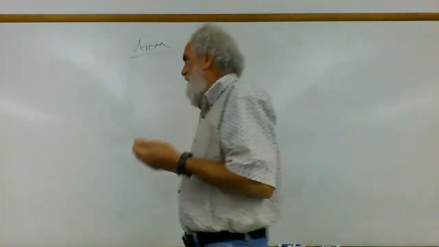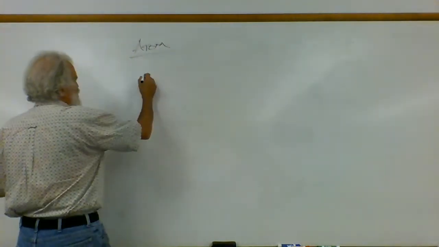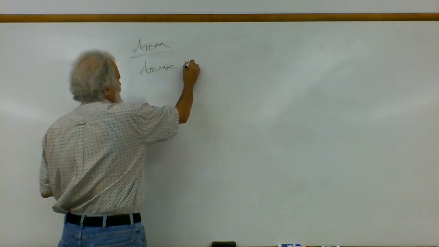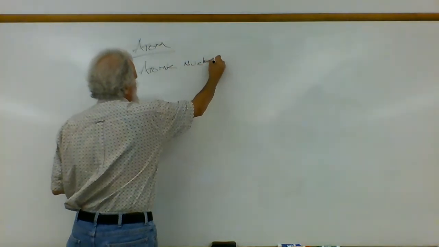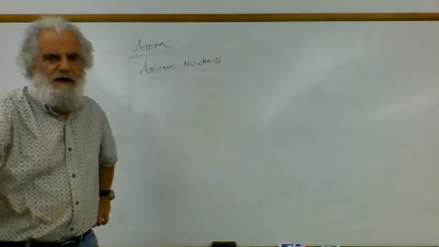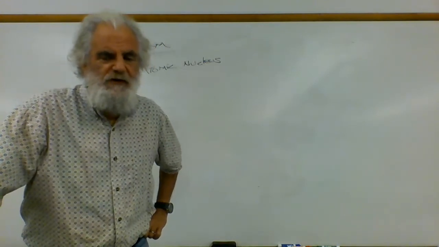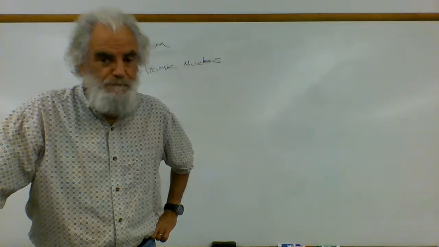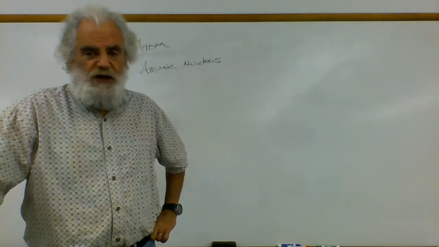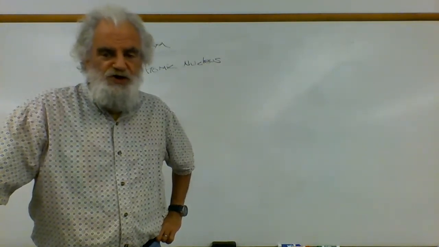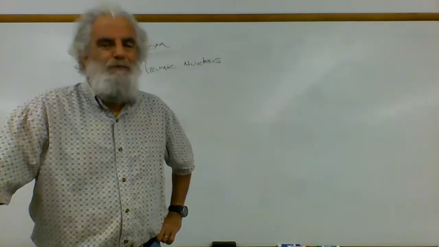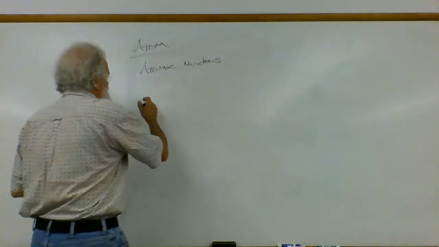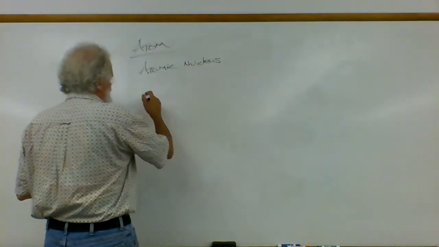So the atom, we're going to start first with the atomic nucleus. Now, in eukaryotic cells that have nuclei, like you and I, and plants, but not bacteria, the nucleus is the site where the genetic material, where chromosomes are. But in the atom, the nucleus is the site where we've got two subatomic particles residing.